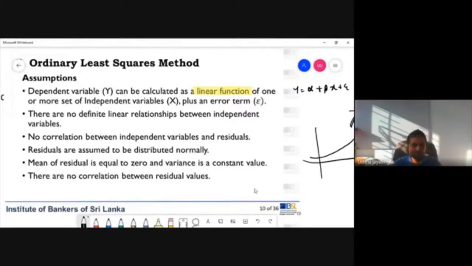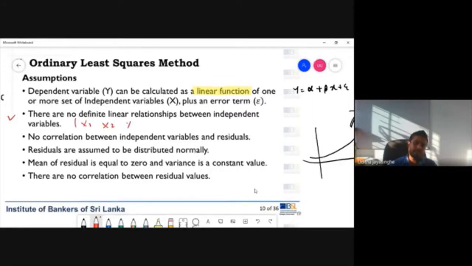Second point, there is no definite linear relationship between independent variables. Now, this point is not for the simple linear, but for the multiple linear case. We will be learning the multiple one, but for the moment, bear with me and try to grasp this point. X1, X2, X3.